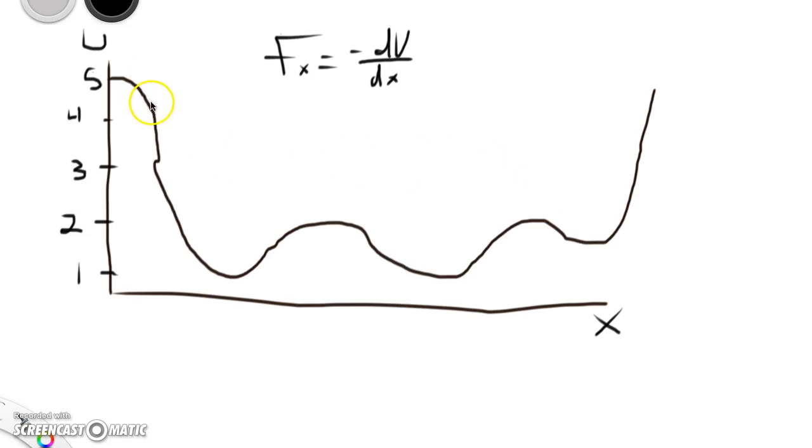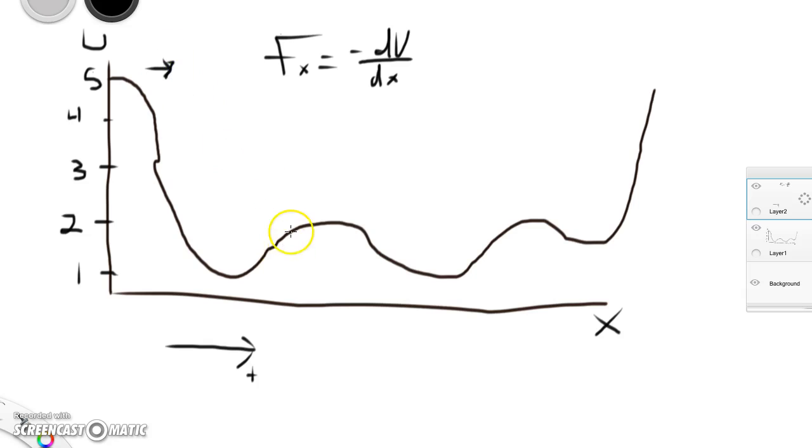For example, in this region right here we have a negative slope. It's a pretty steep slope, which means we have a stronger force, and since it's negative, that means our force is positive. If this way is positive, that means that for this region we have a force that's going to push the particle this way.